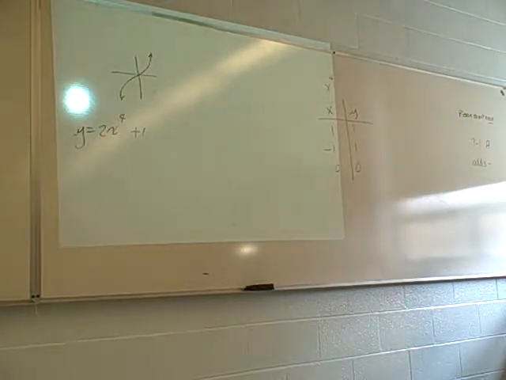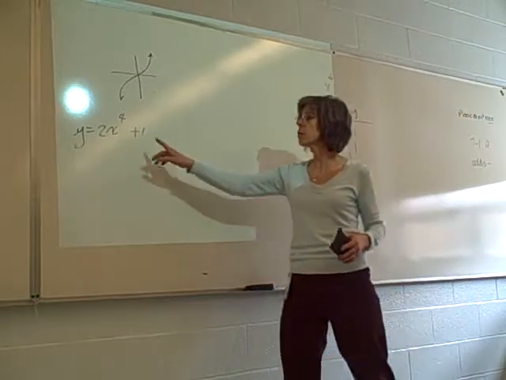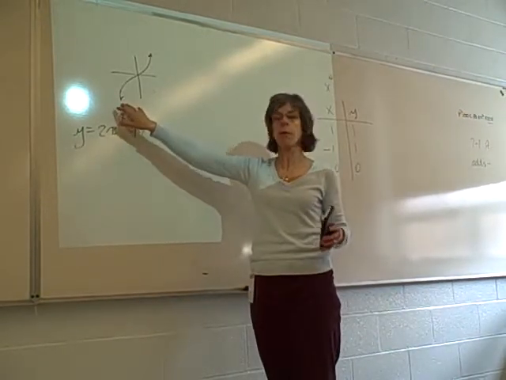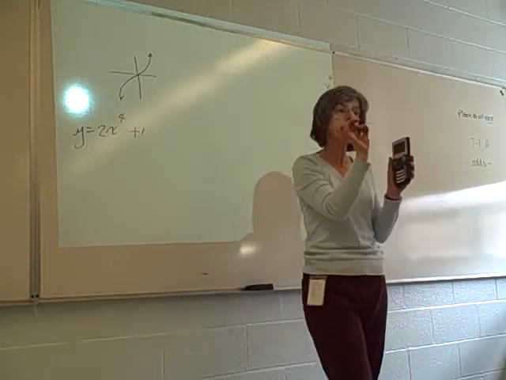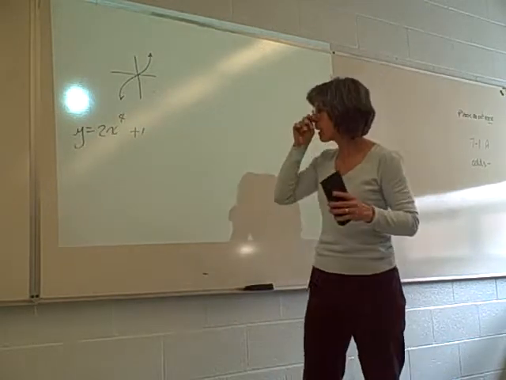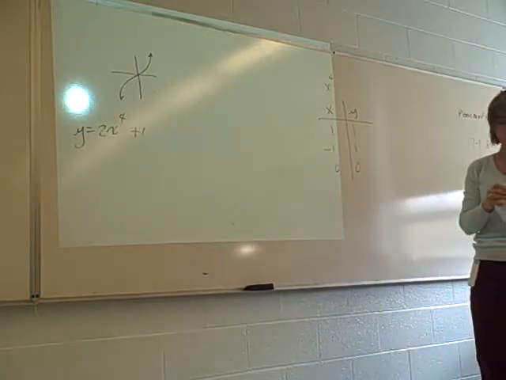Graph them both. The first one was just y equals x to the 4th. I asked you to have an idea of what that's going to look like. It's going to be pretty flat. And now we have 2x to the 4th plus 1 on the same screen.